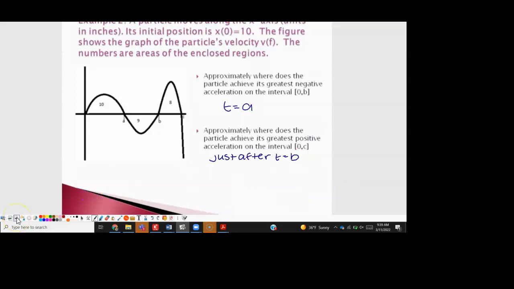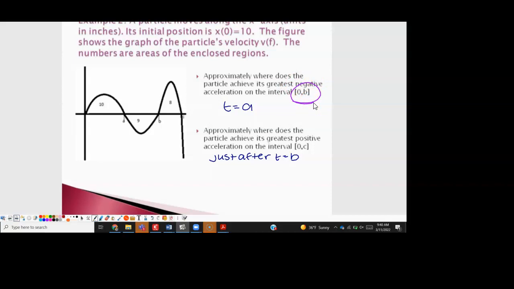And then the last part: approximately, where does the particle achieve its greatest negative acceleration? This is the graph of velocity, so it's the steepest negative part of the slope. Exactly. So, B. You should be careful. It's 0 to B, but B is included.